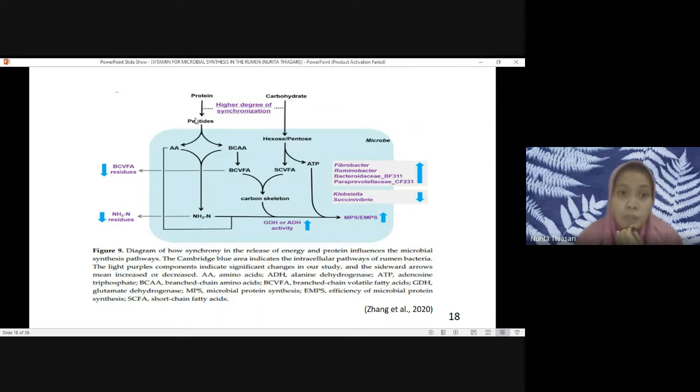Protein will be broken down into peptides. Peptides become branched amino acids, and then the branched amino acids break down into branched chain volatile fatty acids. They become the carbon skeleton, and then with the enzymes we call here glutamate dehydrogenase and alanine dehydrogenase, it will synthesize the microbial protein. So that is the importance of the BCVFA.